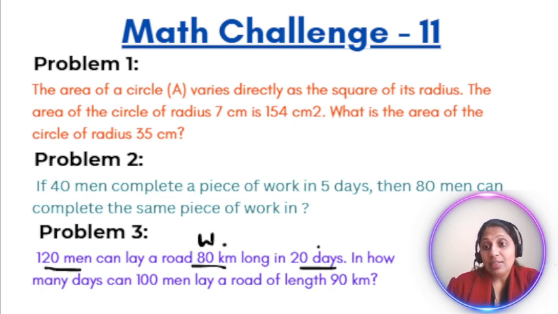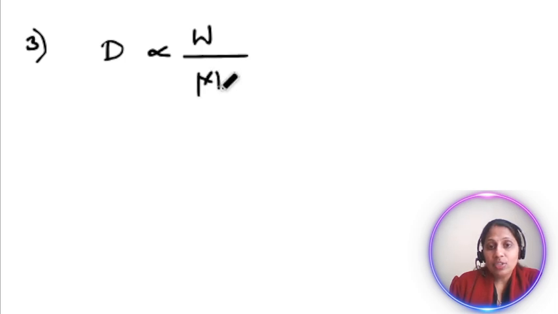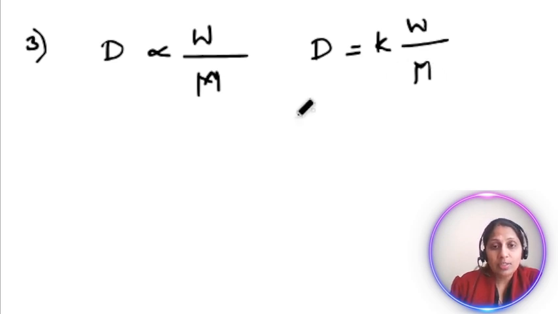So let's write the relation. The number of days is directly related to the work done. More days, more work will be done, and inversely proportional to the men, how many people are doing it. So the first step, we have to find the k here, which is the constant. So d equals k times w by n. W is the work done, how long the road was.